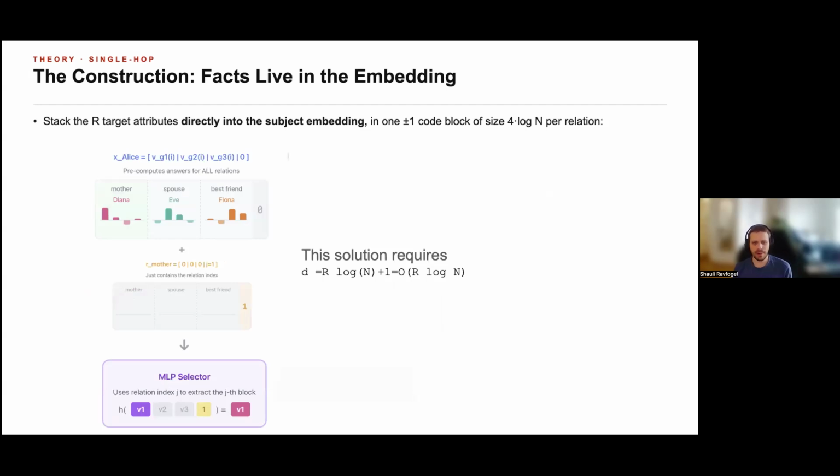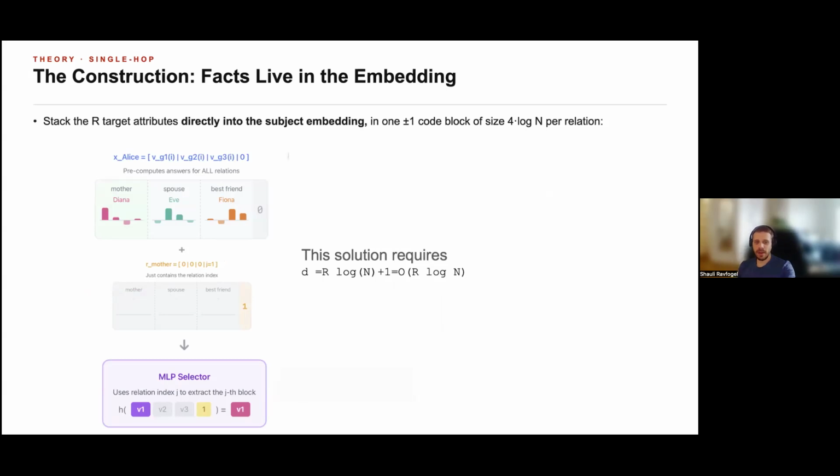This is a more concrete example. Let's say that we have this particular entity Alice, and we can ask different questions about Alice: what is the identity of her mother, her spouse, her best friend, etc. We are going to have these particular sets of coordinates VG1, VG2, etc. that correspond to each particular relation.